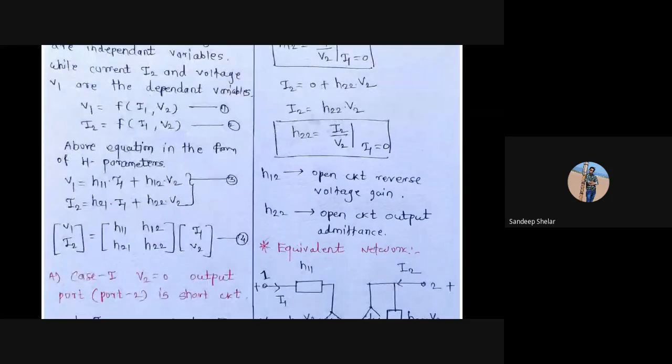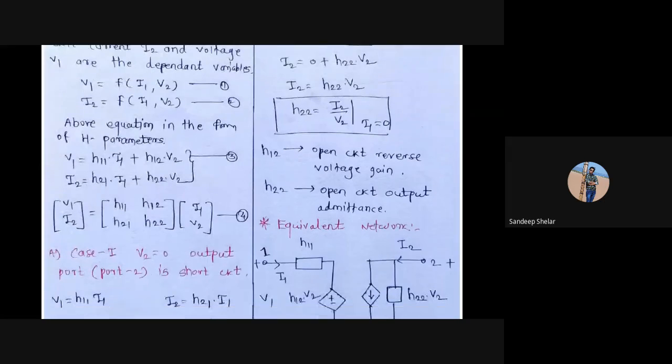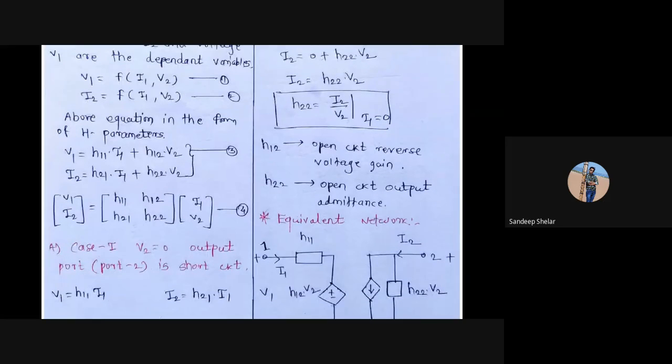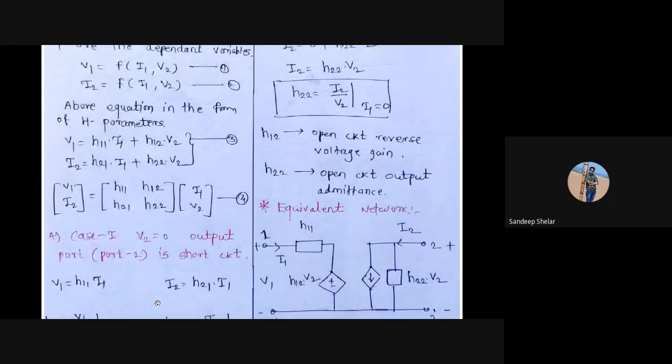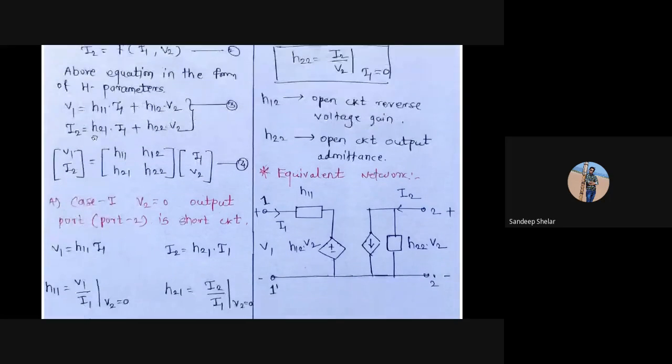Now in this hybrid parameter, the first case is V2 equal to 0, which means the output port is short circuited. Then V1 is equal to H11 into I1, and I2 is equal to H21 into I1, because V2 becomes 0.